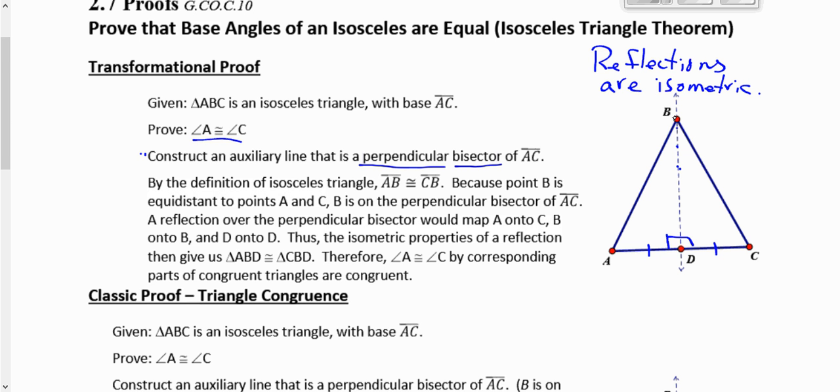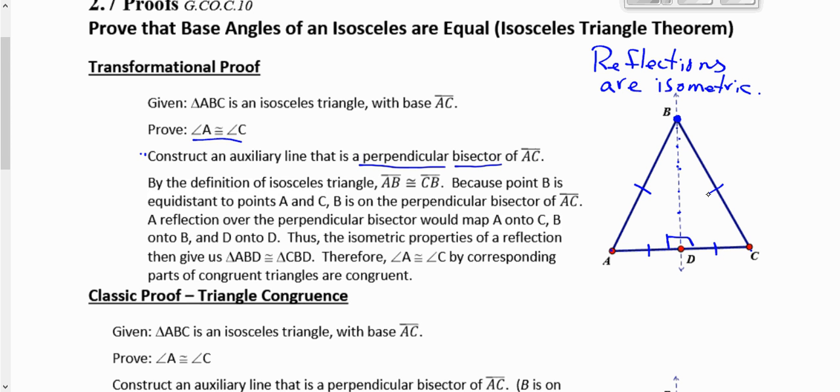Same distance. They're all equidistant from the endpoints, right? And so we've got these two congruent angles, right? And if we think of this in another context that's just the perpendicular bisector, not necessarily a reflection, we know every point on here is equidistant from these endpoints. So what about point B? Is it equidistant from A and C? Which makes segments AB and BC what?